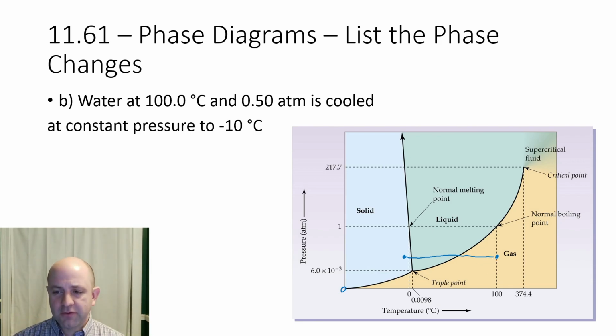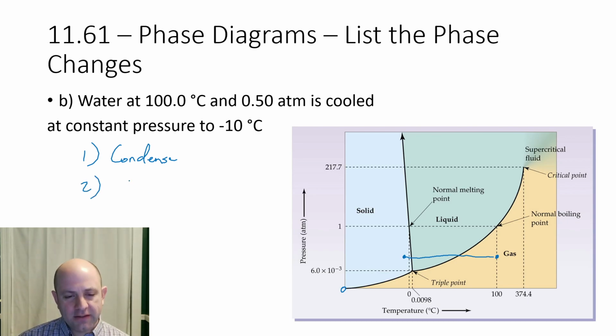And they want us to list what phase changes happen. So here you just have to look and say, if I start as a gas and I cross this line into liquid, well, number one, it's going to condense. When a gas turns into a liquid, that's condensation. If you go the opposite way, liquid to gas, that's evaporation. All right, but then we keep going. It looks like we cross from liquid, across the other line, into solid.